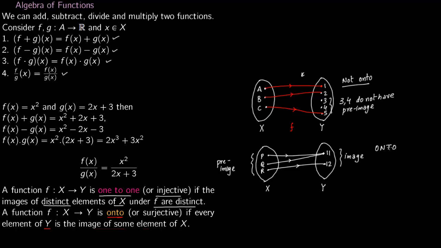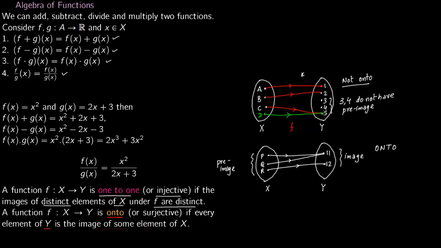Now you could have a case whereby the function is neither 1 to 1 nor onto. So let us construct another function which is neither 1 to 1 nor onto. So this can be easily done. So say I will construct a new function now. So say you put another element d here. This d also maps say to 5. Now if you have this another d here mapping to 5, this function is no longer 1 to 1.